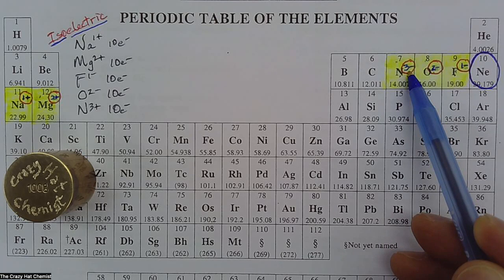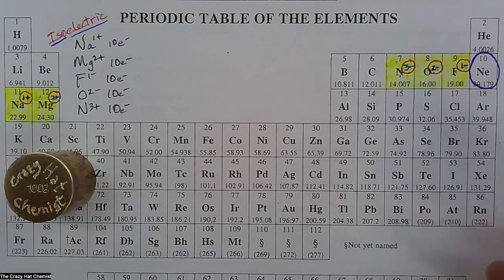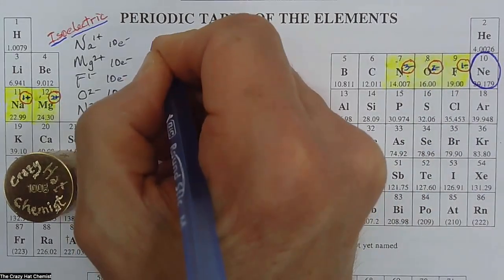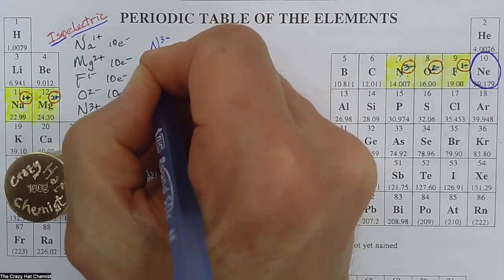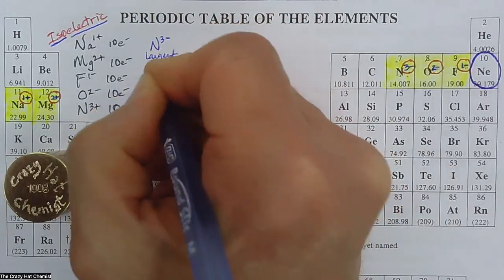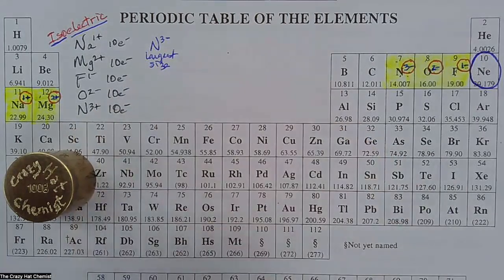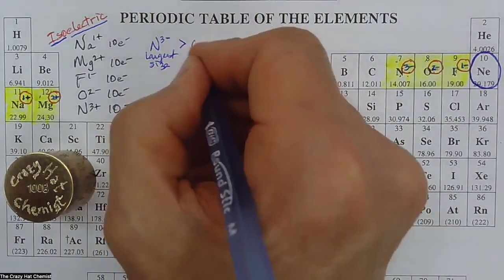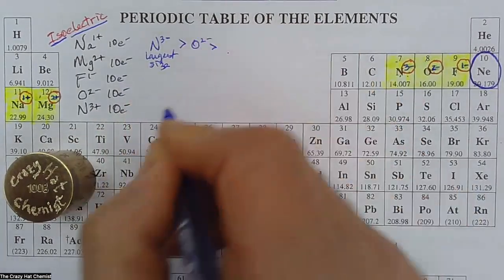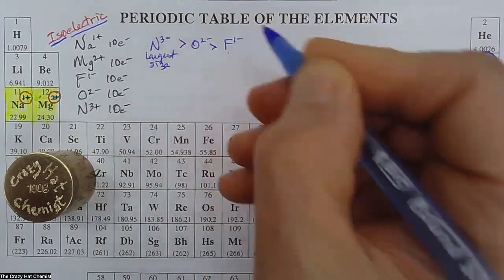So we're writing this in order of decreasing size. So which one is the largest? The nitride ion. So that would be nitride ion is the largest in terms of size. And then it's the oxide ion. Then it's the fluoride ion.